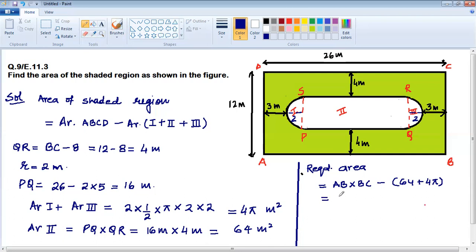AB times BC is 26 times 12 minus 64 minus 4 pi.